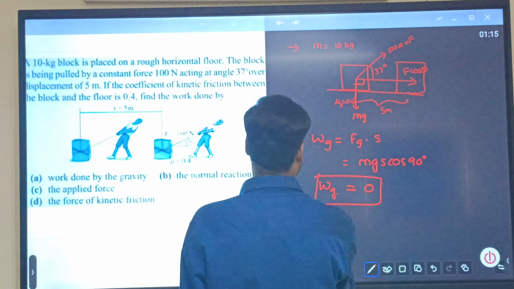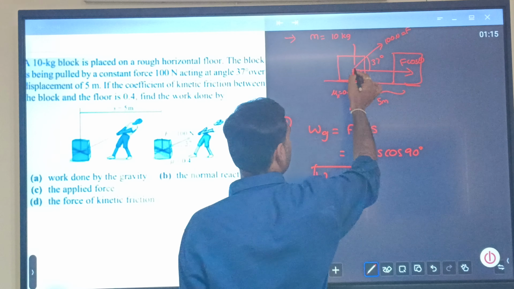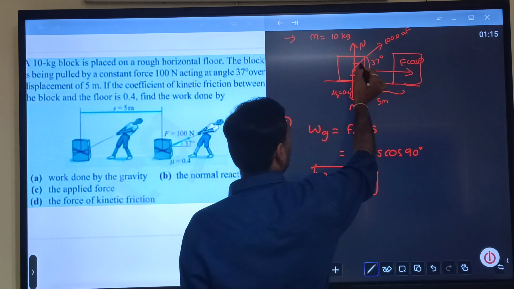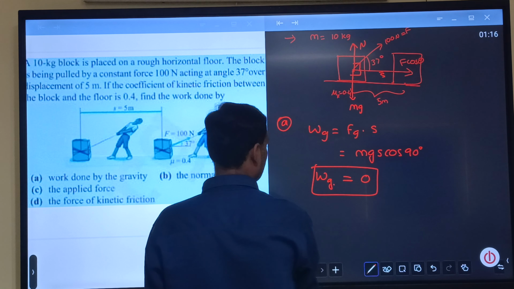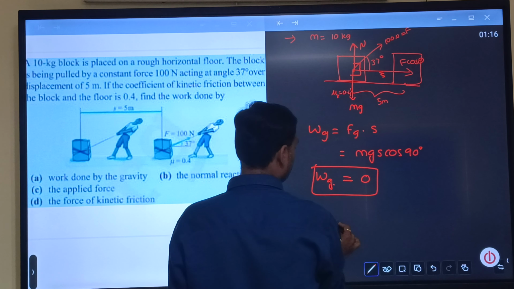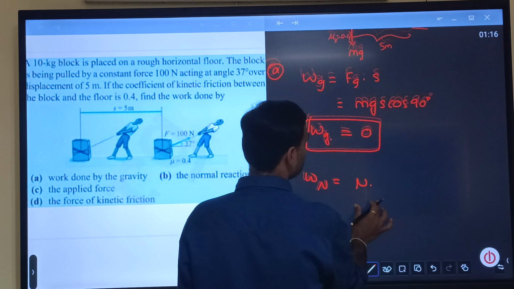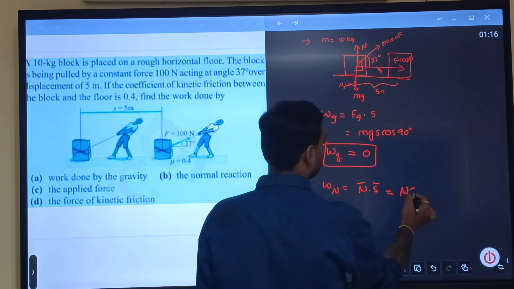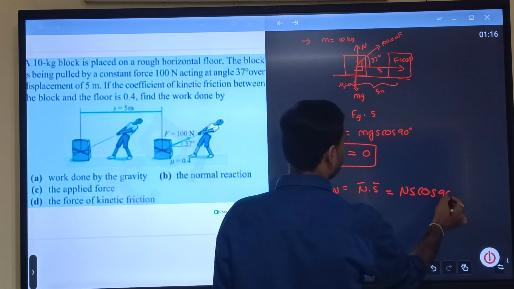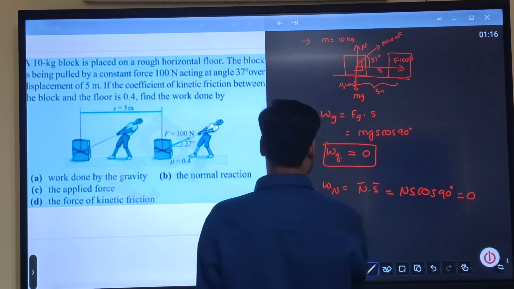Then, work done by normal force. Normal is in the upward direction, and the angle between displacement vector and normal is also 90 degrees. So work done by normal is equal to normal and displacement, that is N s cos 90, which is equal to 0.